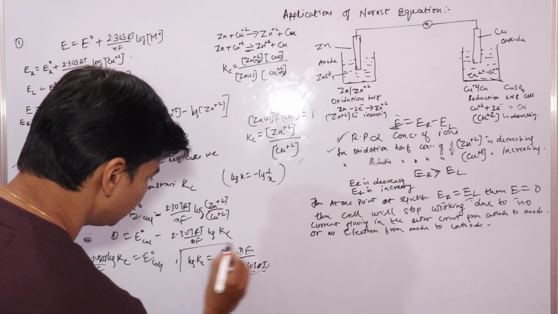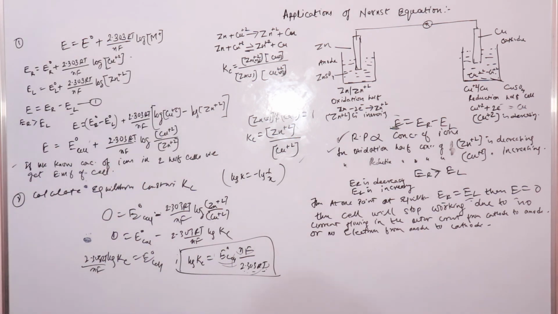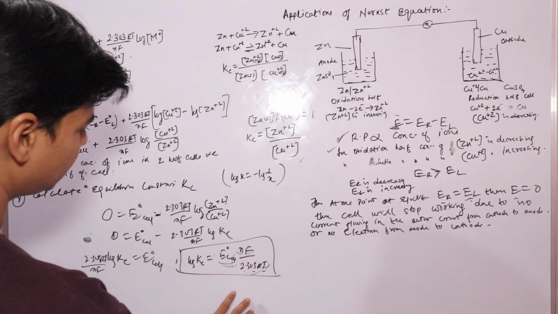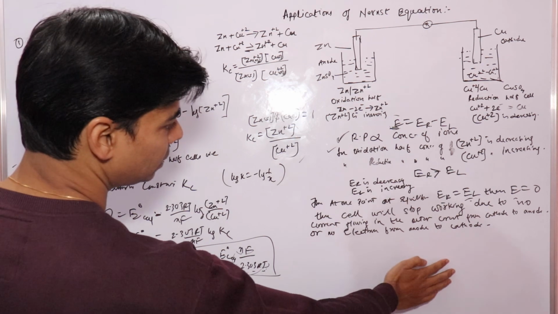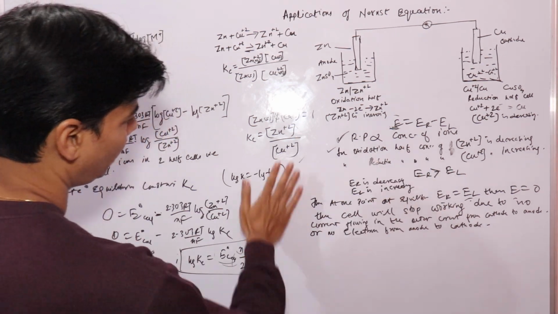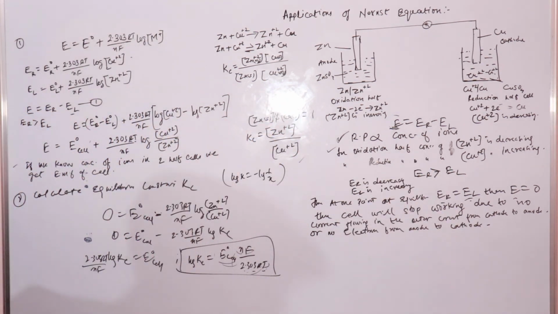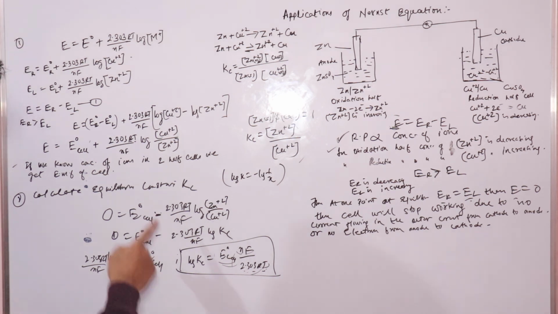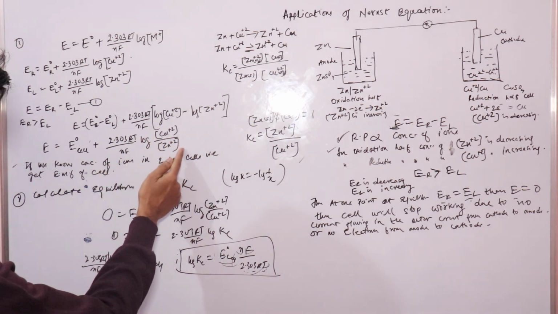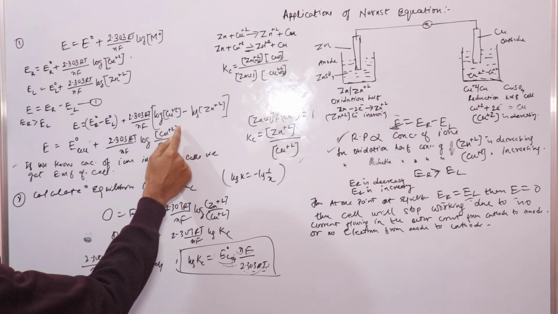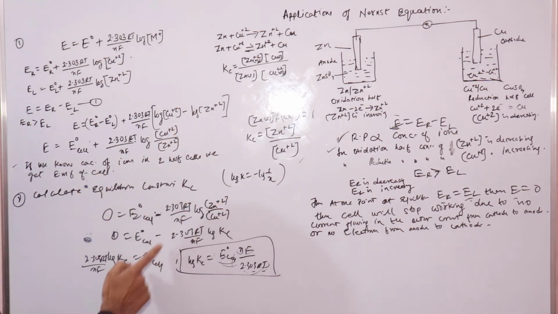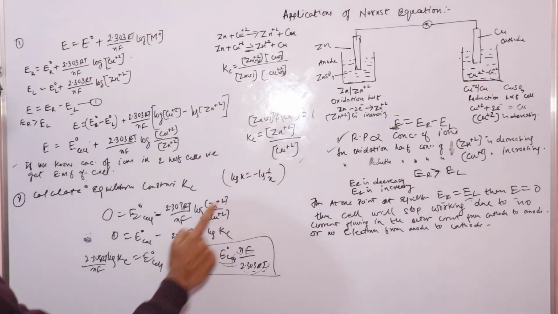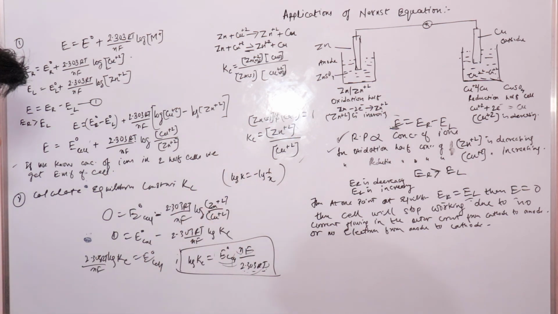So using this formula you can calculate the value of Kc, which is your equilibrium constant, right? So using the Nernst equation you can calculate the equilibrium constant of the reaction, and just remember this equation, why the cell stops working, and how to calculate the equilibrium constant of the reaction. And I have made one adjustment where I took this above and I brought the copper ions down. So I changed the formula using this logarithmic formula and I put a minus sign here, right?